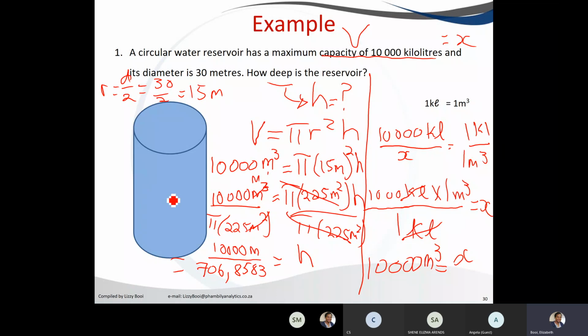Our h, which is our height, is equal to 14.115 meters. And that is the height that we're looking for. Any questions? And that gives us the height. Any questions? Sure.